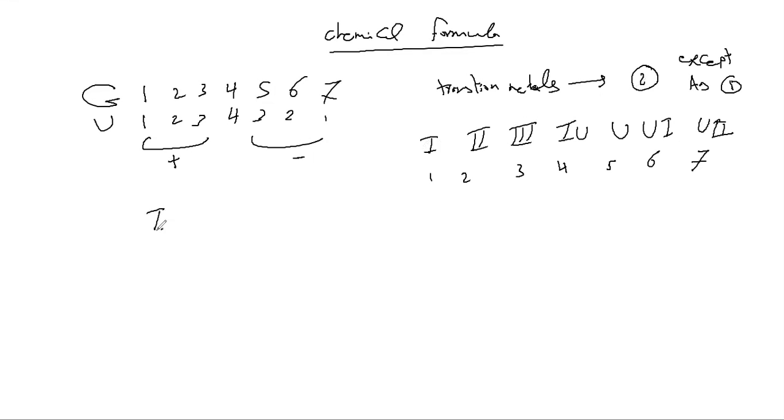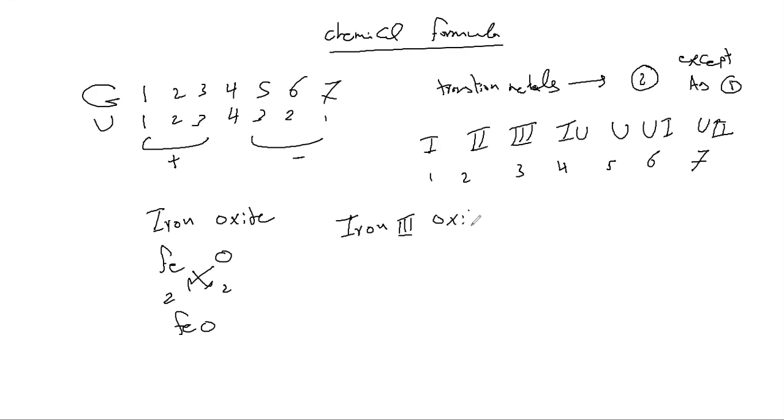Like iron oxide. It means that iron, Fe, is 2, and oxygen, group 6, has valency 2, so the formula will be FeO. Iron(III) oxide. The valency here is 3. So Fe is 3, oxygen is 2, and the formula is Fe2O3.